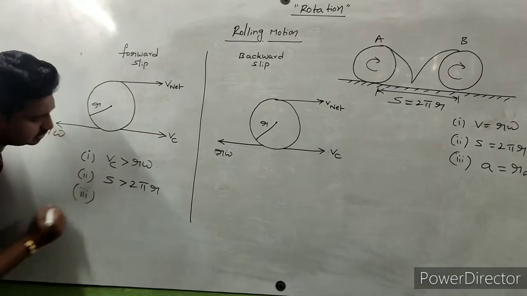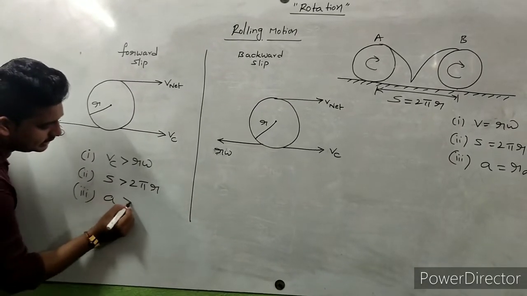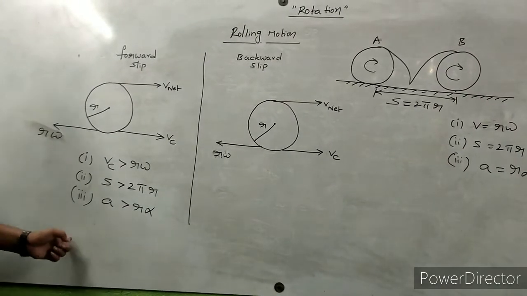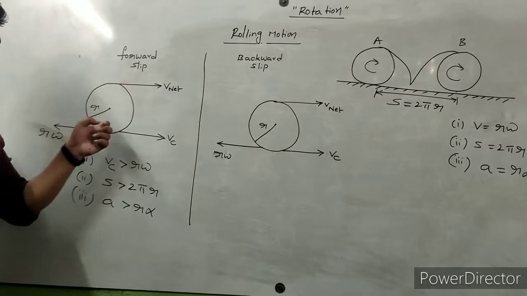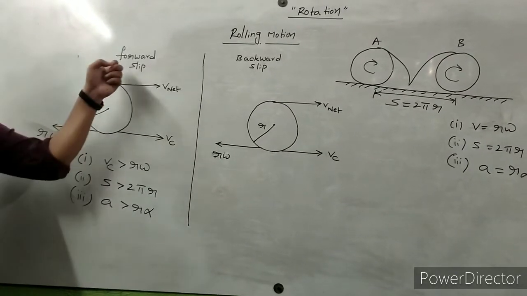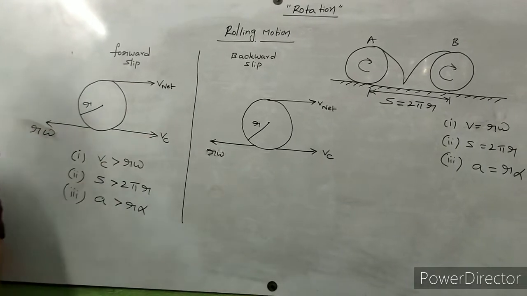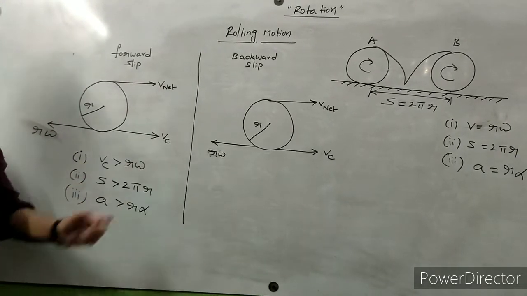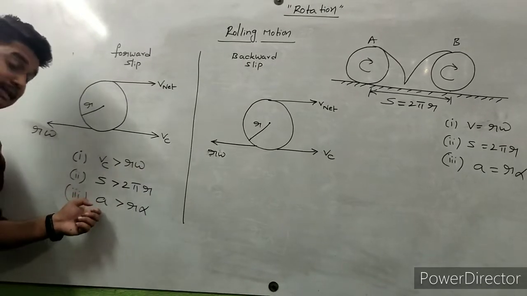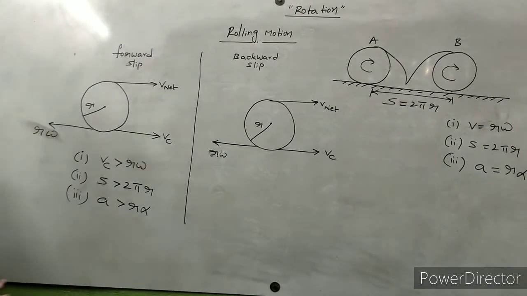Next, the third condition is a is greater than r alpha. So whenever the rolling body satisfies these three conditions, definitely forward slip takes place: forward velocity is greater than r omega, forward displacement is greater than 2 pi r, and forward acceleration is greater than r alpha.